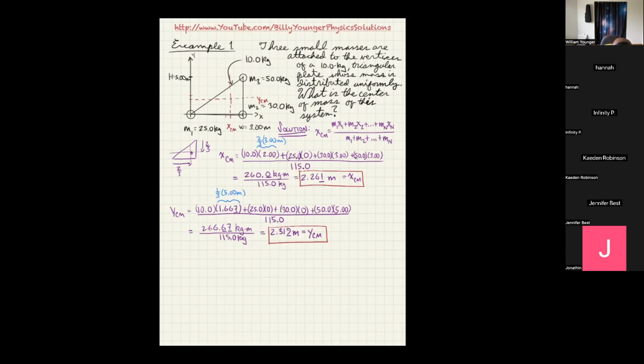What that means is roughly right here is where you'd want to hold your finger up, and then you could balance this triangular plate on your finger at that particular point. Assuming, again, the XCM really is 2.26 meters and the Y one is at 2.32 meters.